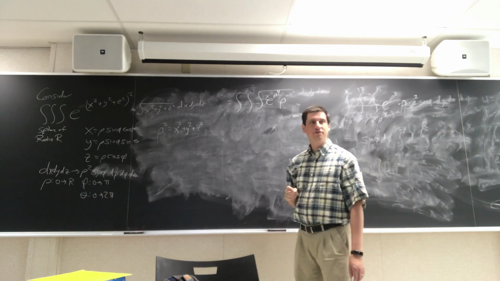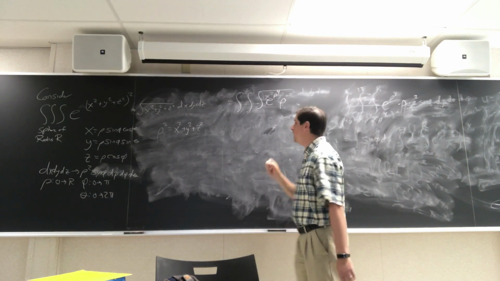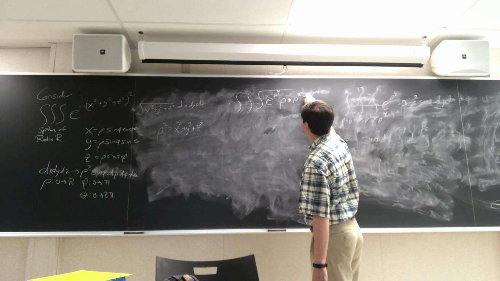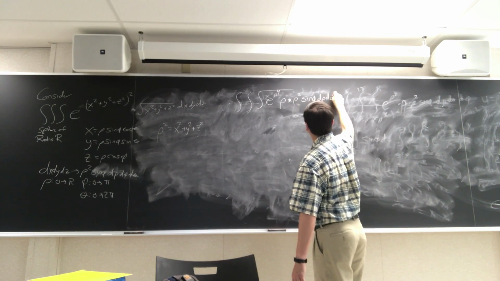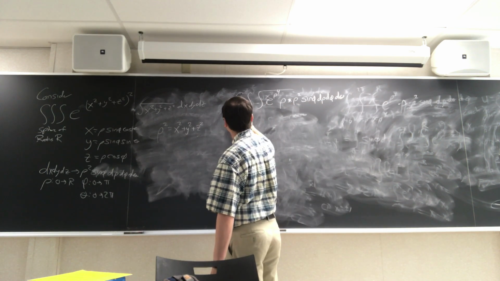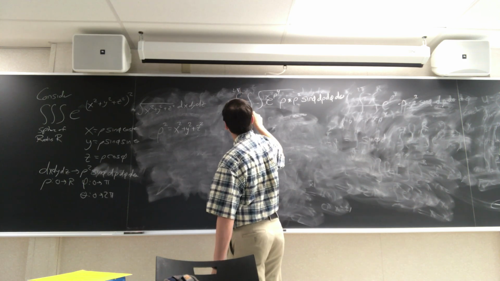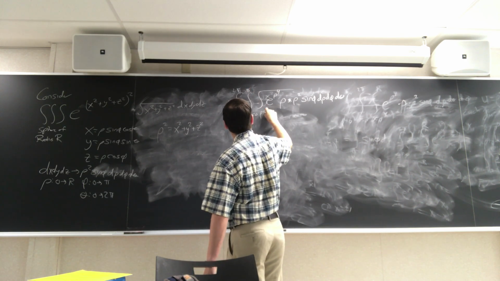So my function just becomes e to the rho to the 4th times rho. Now I put in the measure, which will be rho squared sine of phi d rho d phi d theta. Since I'm doing it in this order, theta goes from 0 to 2 pi, it's outside. Next is phi goes from 0 to pi, and then rho goes from 0 to r.